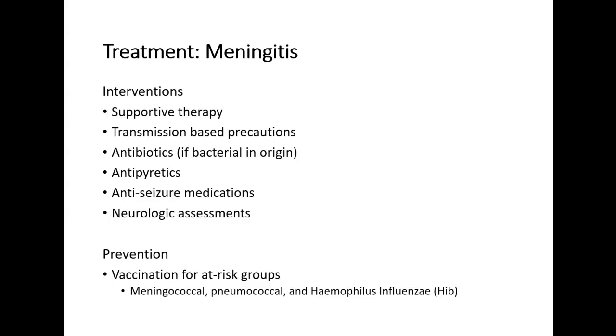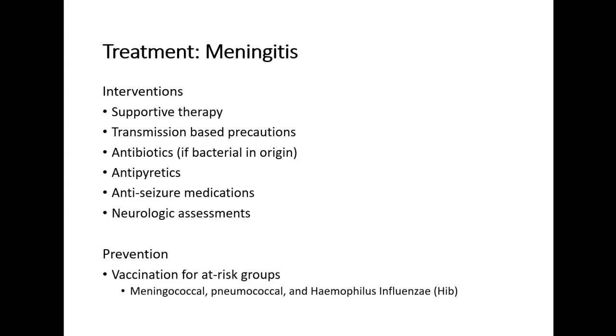Antipyretics, because fever is also going to increase intracranial pressure and pain, so keeping their temperature down. Giving them anti-seizure medications. Doing good neurologic assessments. There are other things you can do to decrease intracranial pressure, shunts and other things, but that's for another conversation.